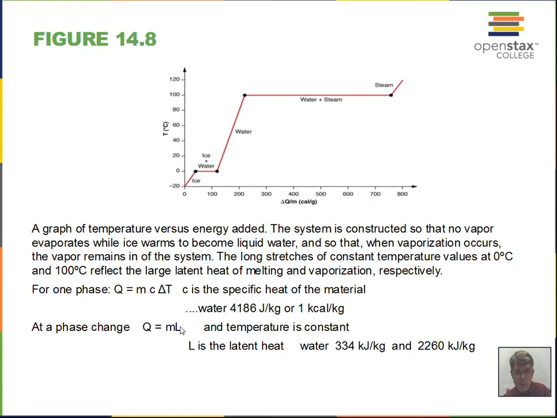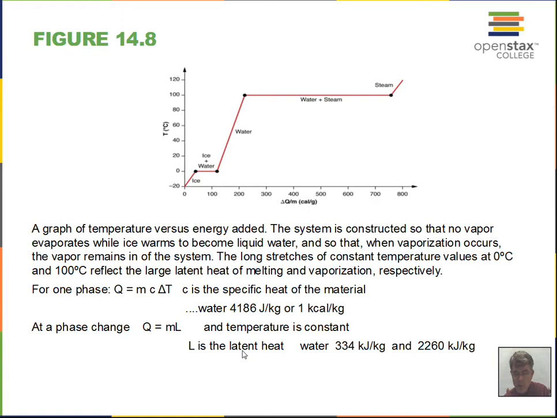Well, if we multiply by delta T in this formula, that's a 0, and that would be 0 overall. There is no delta T for the phase change calculation. It's how much mass you have and what the latent heat number is. Latent meaning kind of hidden heat, in that as the energy goes in or comes out, there's no temperature change. There's no recorded difference on your thermometer as the phase is changing. It's a latent heat, it's a hidden heat.